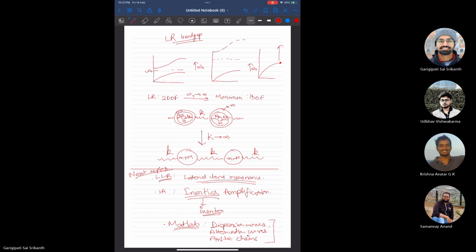Just to give a hint, that is like the continuum limit, in a sense. When you are zooming out a lot and the wavelengths are much larger, what is the behavior of the material?